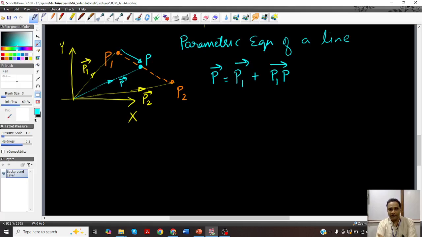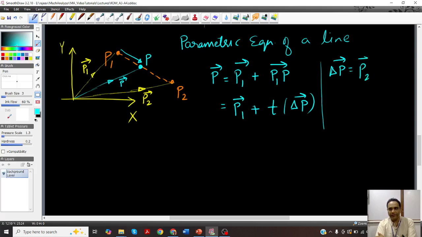Now how do I get this particular term? I introduce a parameter called t, which is a scalar, multiplied by delta p vector. What is delta p vector? Delta p vector is p2 vector minus p1 vector. This whole thing here is delta p vector.